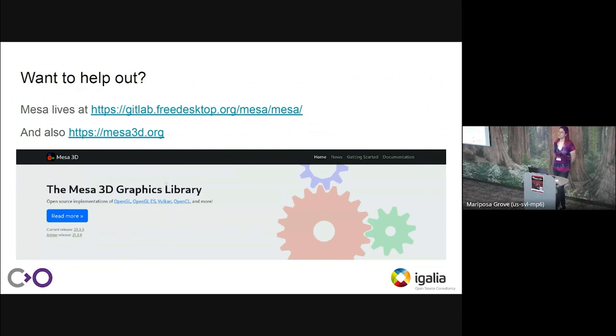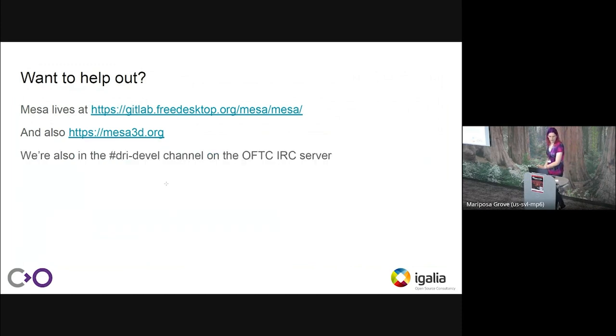Some of it is in-detail code documentation, and some of it is sort of like getting started guides, like here's how you build it and things like that. And you can also come chat with us. We are on the DRI Devel channel on the OFTC IRC server. Again, we also hang out in some Discords, but none of those are official. That's the place where you can guarantee to find people.